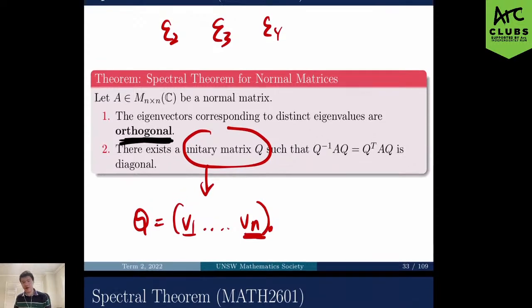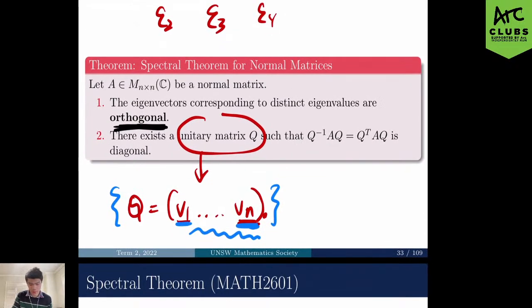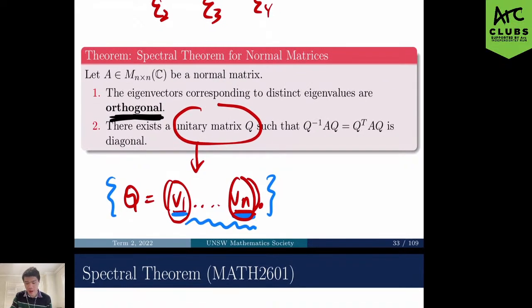So because the eigenvectors for different eigenvalues are orthogonal, we can construct V1 down to Vn. Okay, and these are going to be orthogonal because we know that a unitary matrix is composed of orthogonal columns. Okay, so that means that it can be diagonalized orthogonally.